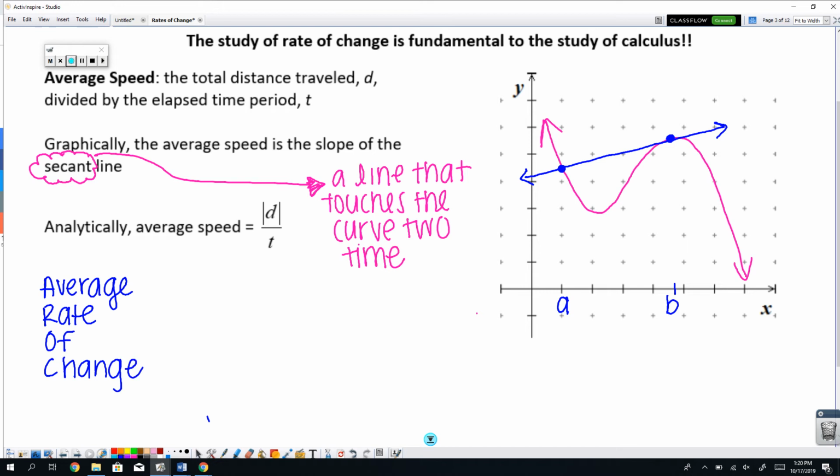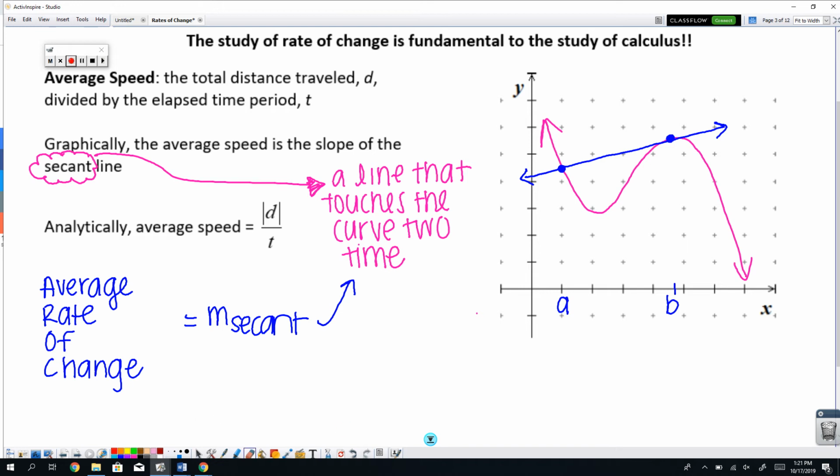And the average rate of change is really just equivalent to the slope of the secant line. Okay? Alright, and we said secant is defined right there.